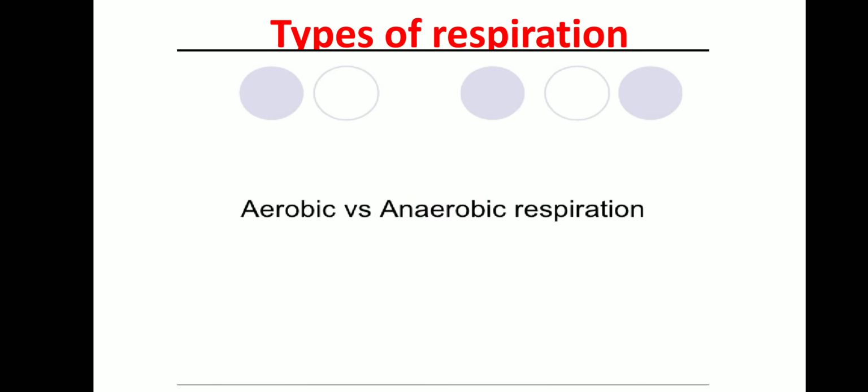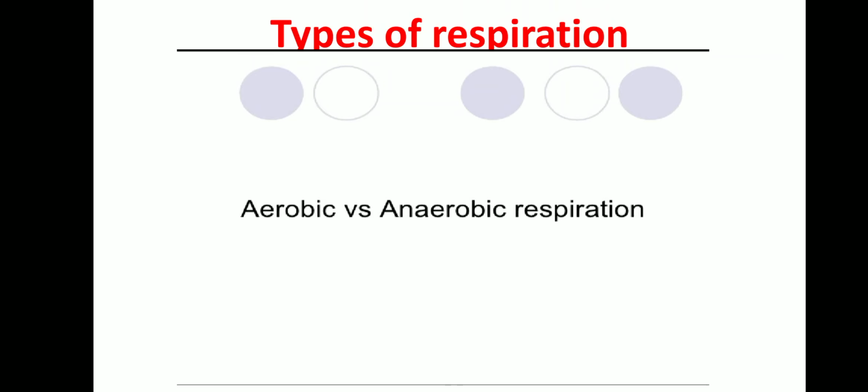There are two types of respiration. Do you know? Aerobic respiration and anaerobic respiration. Aerobic respiration means the organisms respire with the help of air or oxygen. Just opposite to that is anaerobic respiration.